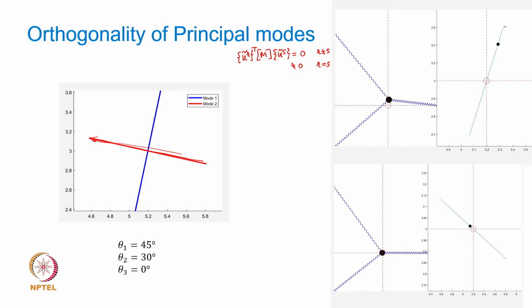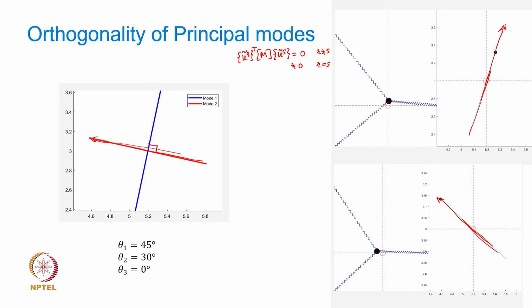In both cases you can see that if you consider this to be the vector, or the plane in which it is vibrating, this vector in the second mode and in the first mode, they are orthogonal, they are making 90 degrees. When it is vibrating in the first mode, there is no other frequency that contributes, it is only pure mode 1 frequency, and in the second mode there is no other frequency but the second mode frequency.